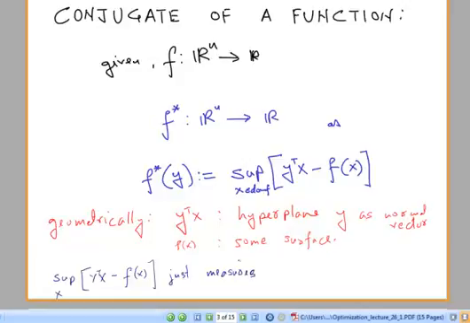How much below the plane defined by y the function f can go. Does it make sense?